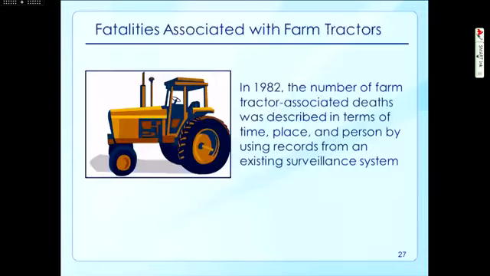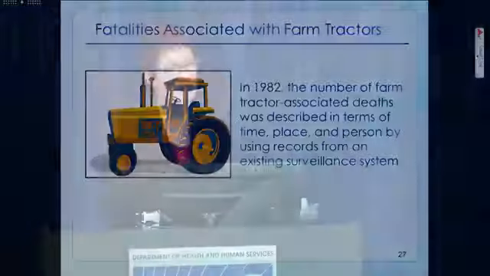So let's look at an example. In 1982, an epidemiologist in the Georgia Department of Public Health became interested in the number of deaths associated with farm tractors. He determined he could actually examine this issue by using information that had already been collected, by using death certificates that were part of a previously existing surveillance system.